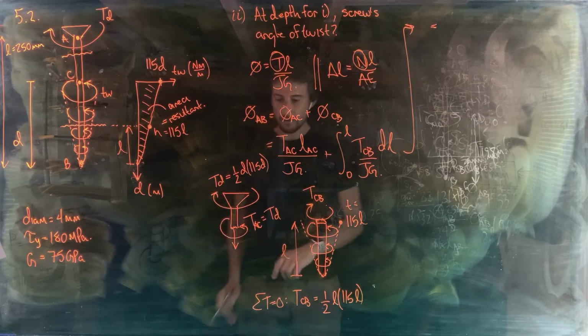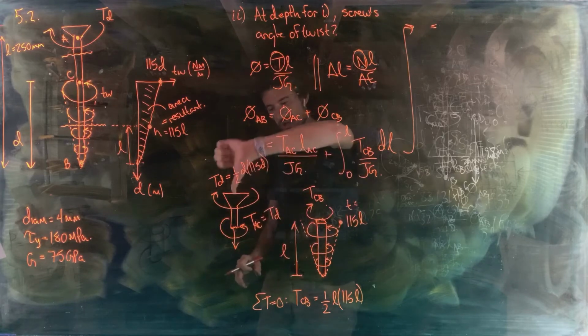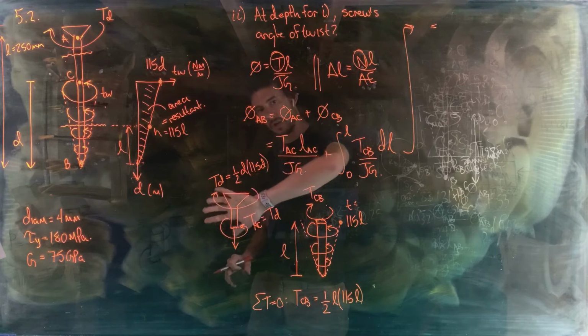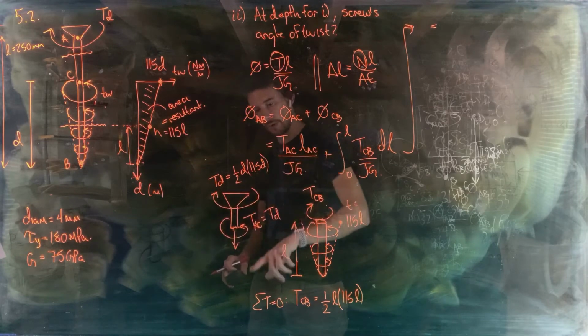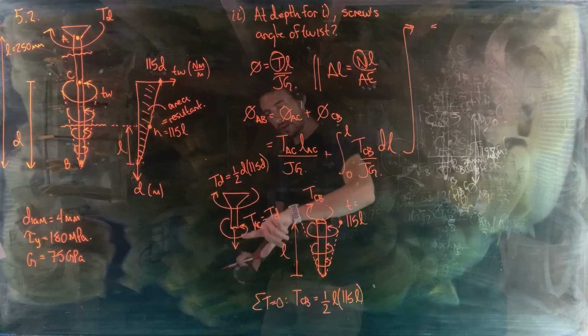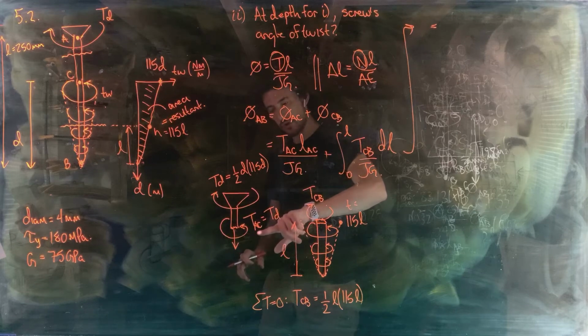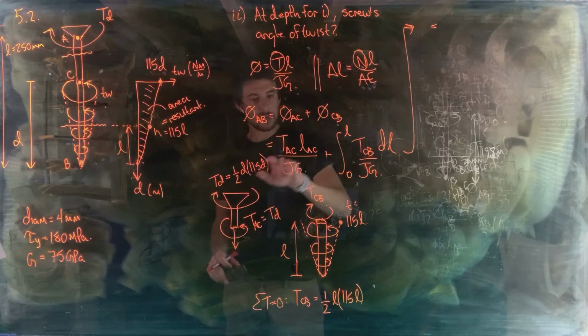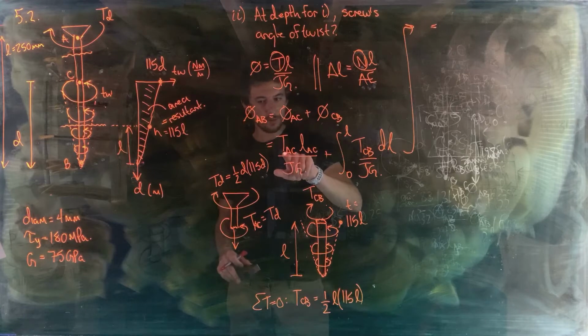So you point your thumb in the direction of that arrow, and then your fingers curl in the direction of a positive internal torque. Now, my fingers are curling in the opposite direction to what I've shown as the direction of TAC. So this value here, which TAC is equal to, needs to go in to this variable as a negative.